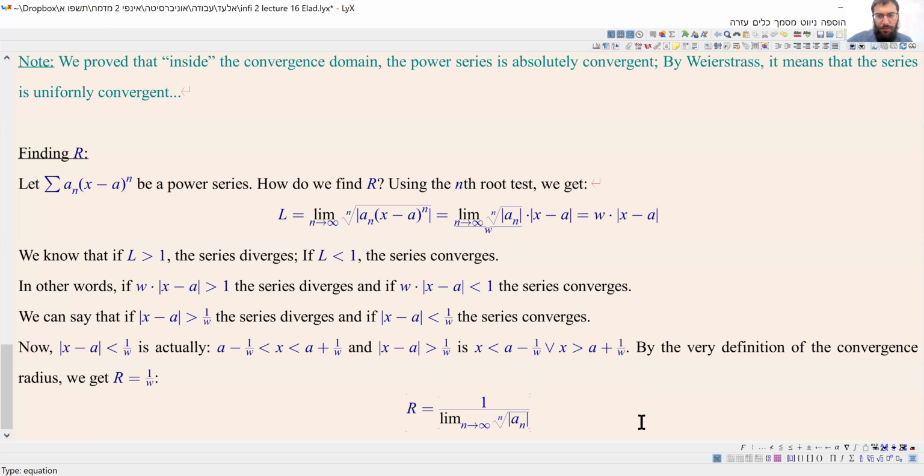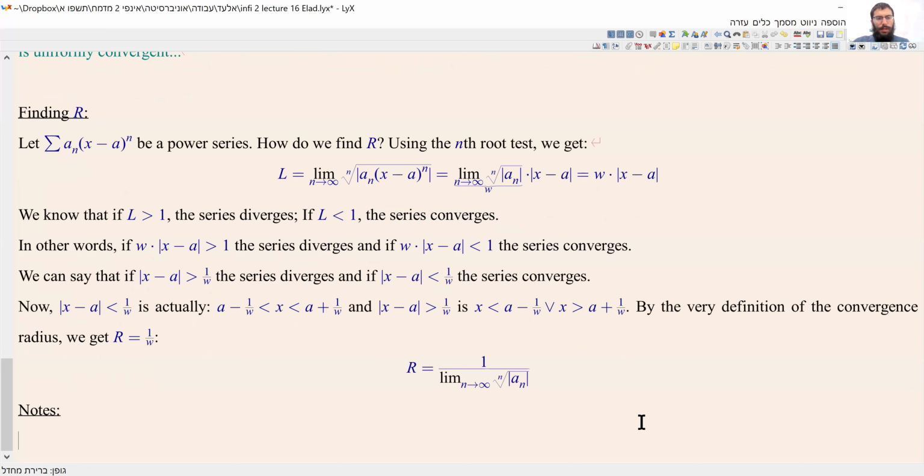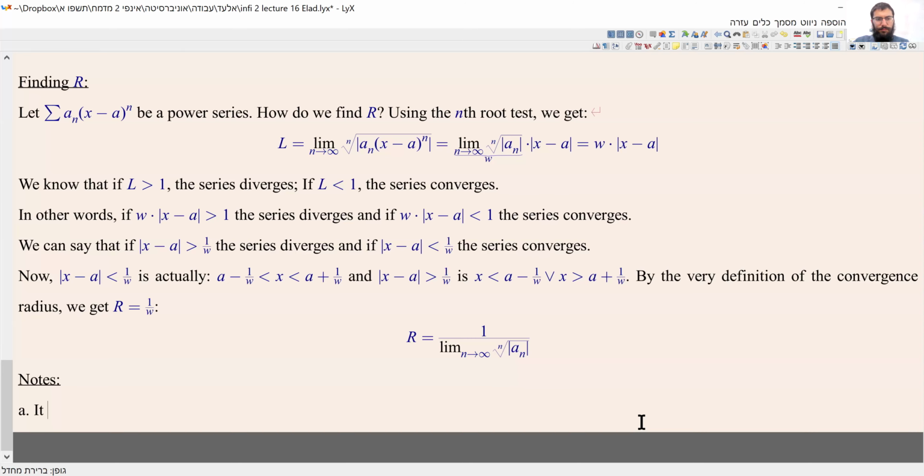So, some notes. It works with, what do you say in English, ratio test. Yes, ratio test, Lambert's ratio test as well.